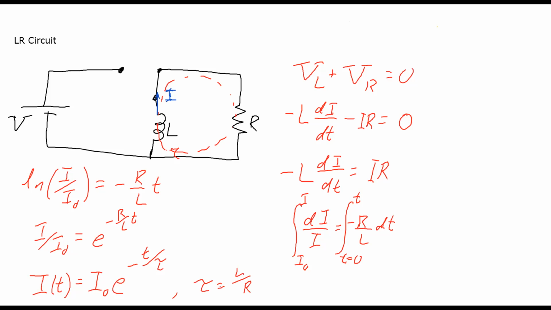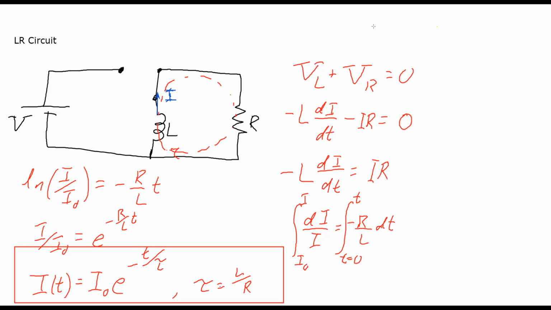What this is telling us is that we're going to see an exponential decay in current, and how quickly that decays depends on L and R. That tau is telling you how many seconds it takes to reach a certain value.